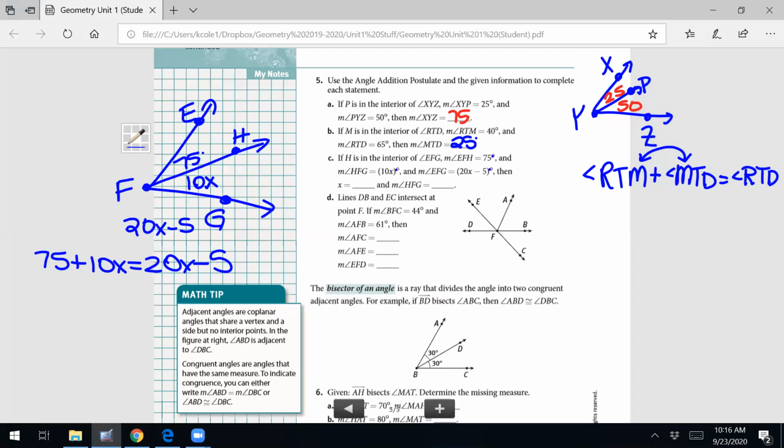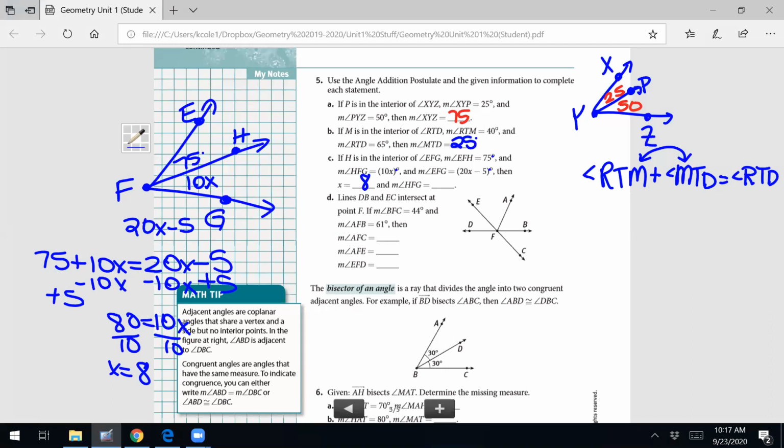So what we're going to do here is combine like terms. I went this way, which I don't typically do, just to keep it positive. So now we have 80 equals 10x. Divide by 10. What's x? 8. So x is 8.